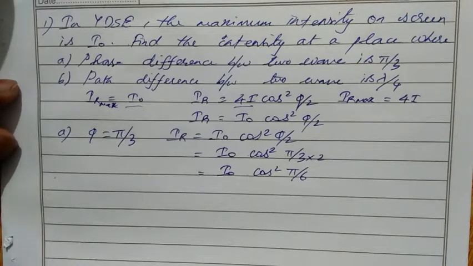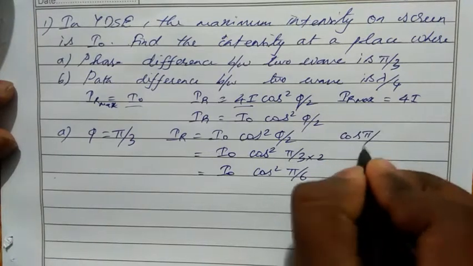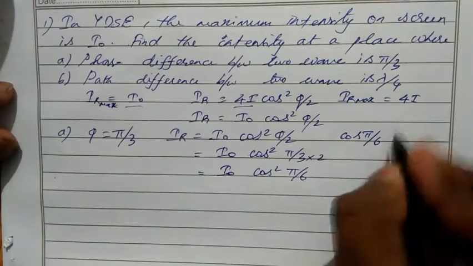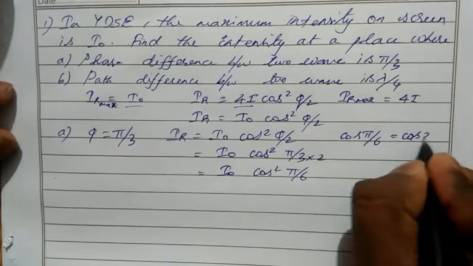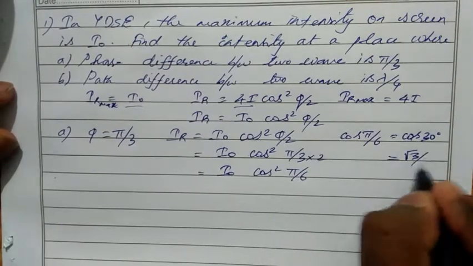Okay, the value of cos pi by 6. So we know pi is 180. Then 180 by 6 we have 30 degree, correct? So cos pi by 6 is cos 30 degree, and the value of cos 30 degree is root 3 by 2.